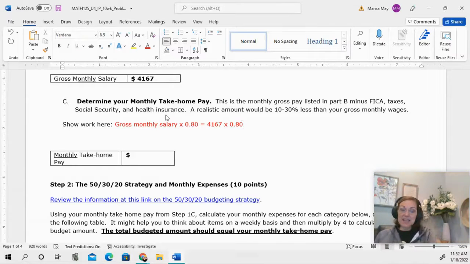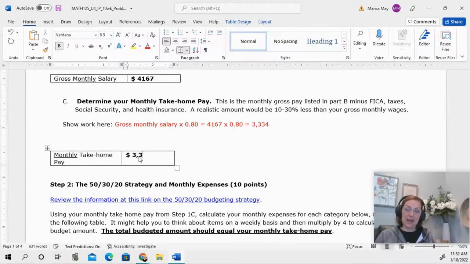In this case, that's going to be $3,334, and that would be my take-home pay. Now remember, that's what's actually going to show up on my paycheck or in my direct deposit going into my account. So now we've got our monthly take-home pay.